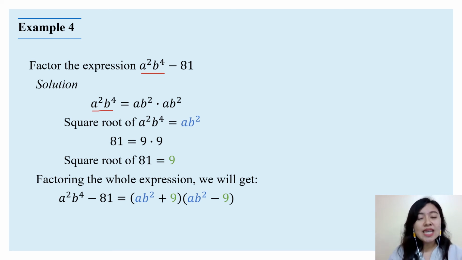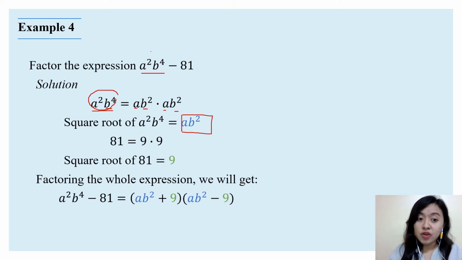The answer is yes. The square root of a squared is obviously a, since a times a is a squared. b to the power of 4, you can have a square root of b squared because b squared times b squared is b to the power of 4. Therefore, the square root of this entire term is ab squared.